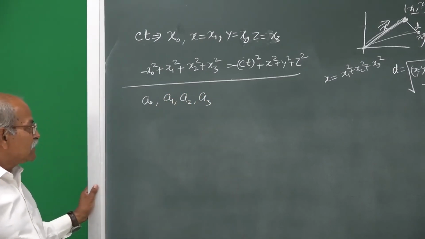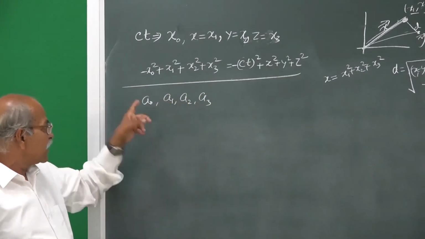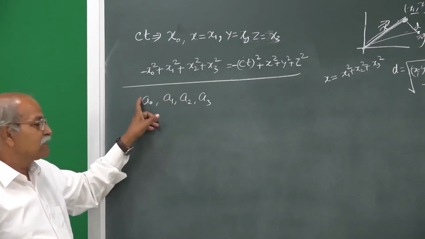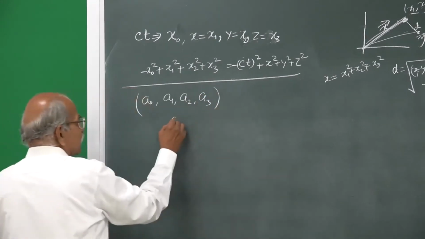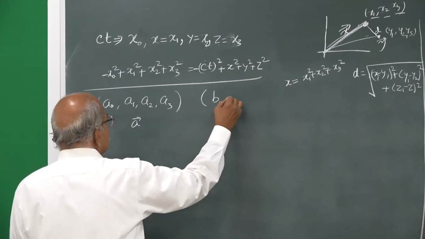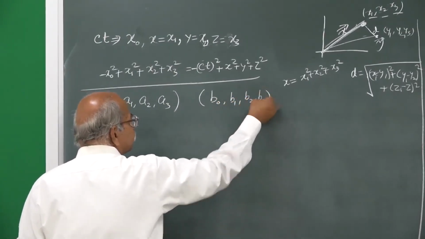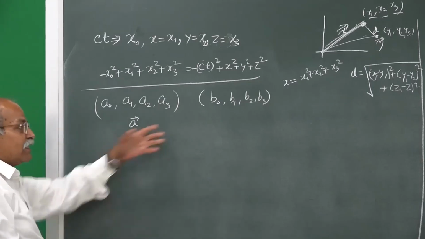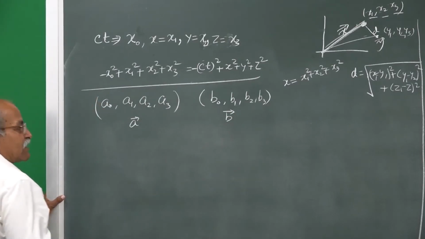The first event occurred at these x, y, z coordinates and at a time t, and c times that time is this A0. So this is one vector, and then you have another vector, say B0, B1, B2, B3. This is another event and correspondingly another set of coordinates.